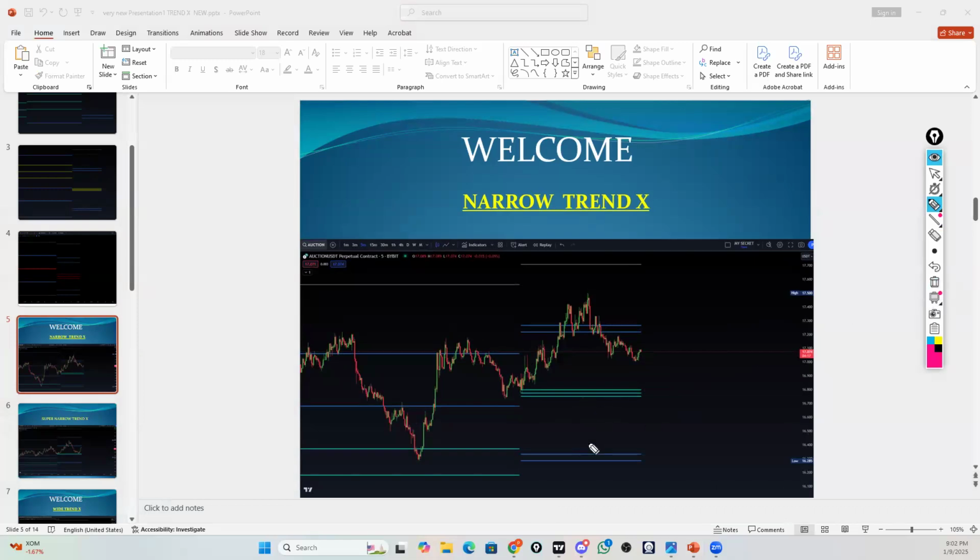This is a narrow Trendex, so the market can be a trending day. You can see this is the support. Around 85 to 90% of the time, the market starts from the Trendex every day. If the candles are far from the Trendex, there are high chances it will tap it and then may go up. This is the narrow Trendex.